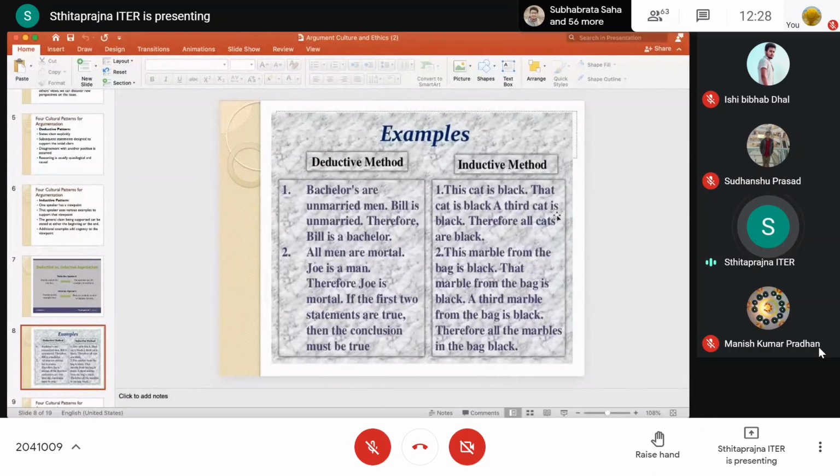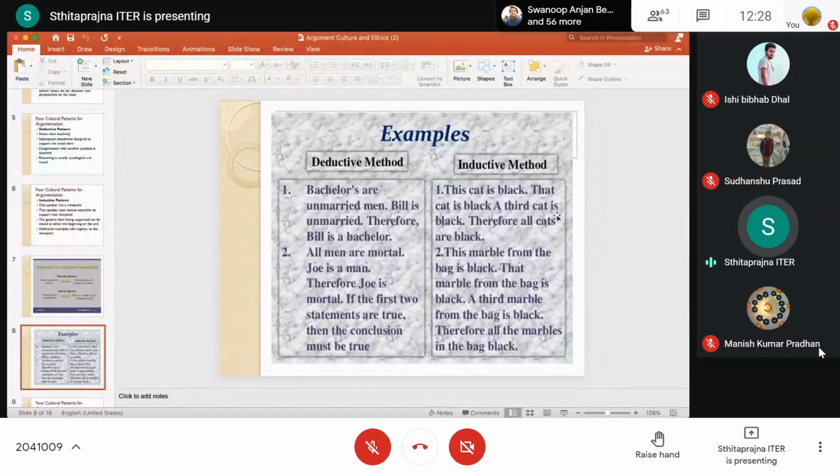But what happens in the inductive method is you give a lot of examples and then deduce the rule. This cat is black, that cat is black, a third cat is black. Therefore, all cats are black. So, examples 1, 2, 3, and then we find a common pattern, a common thread, and infer a rule.